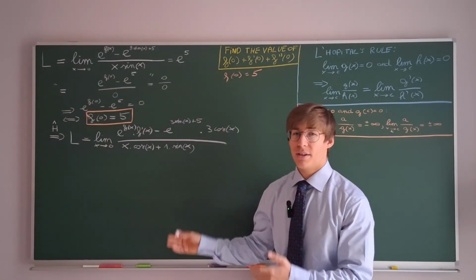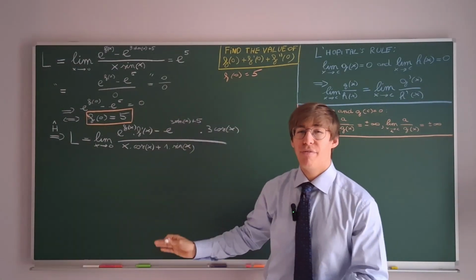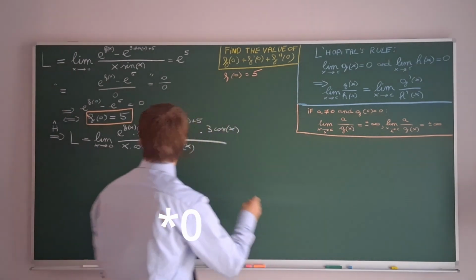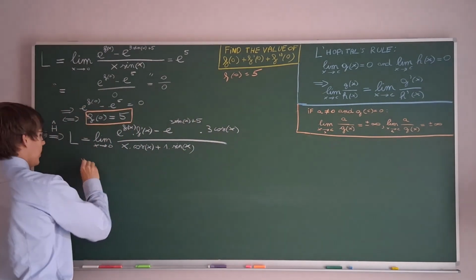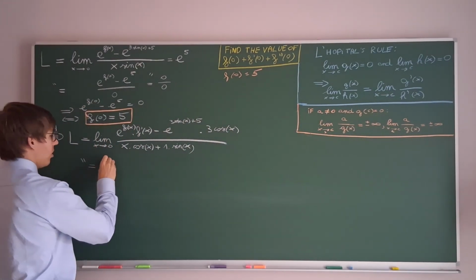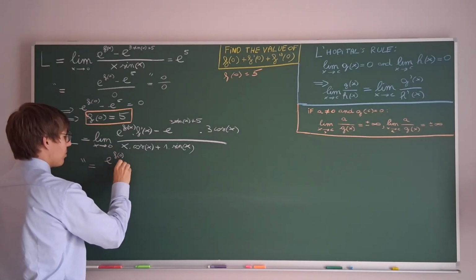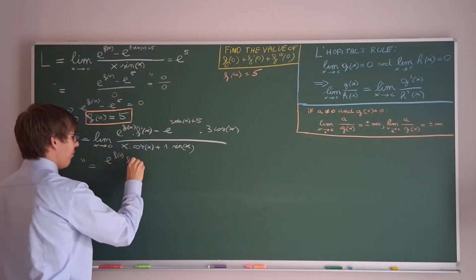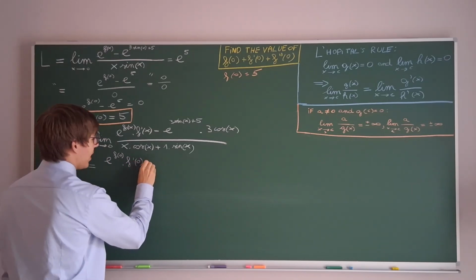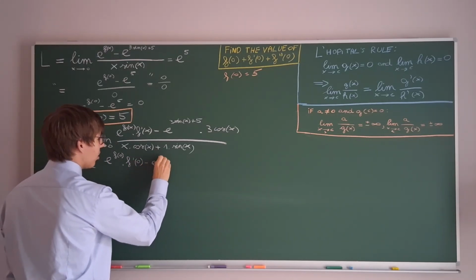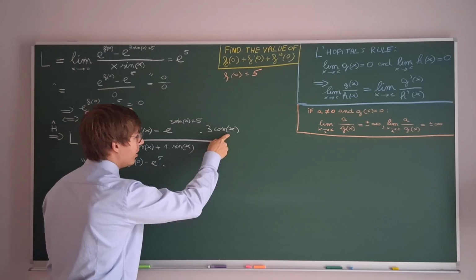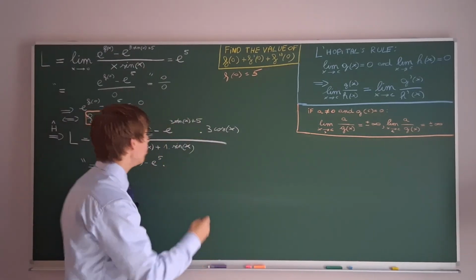So let's just try the same thing as before and fill in 0 into this limit. So then this becomes e to the f of 0 times the derivative of f at 0 minus e to the fifth times 3, since the cosine of 0 is equal to 1.